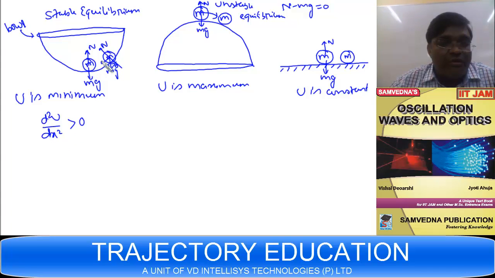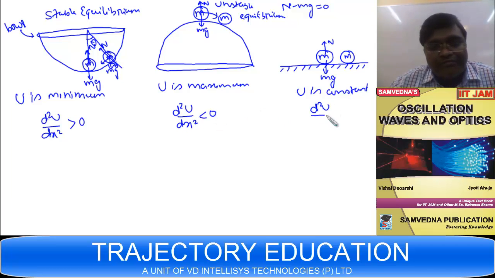If you describe the displacement by variable x, you write dx square. If you are describing it by theta variable, then you write d square U by d theta square, depending on the variable which you choose in order to describe the equilibrium or the motion about equilibrium position. Here d square U by dx square will be less than 0.